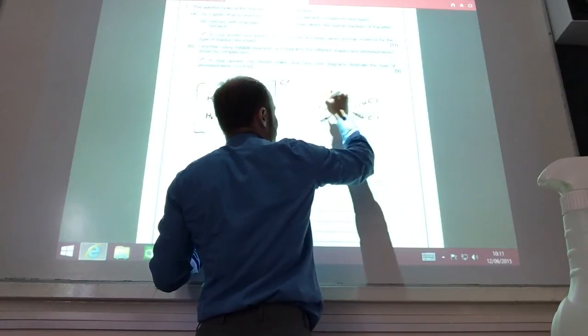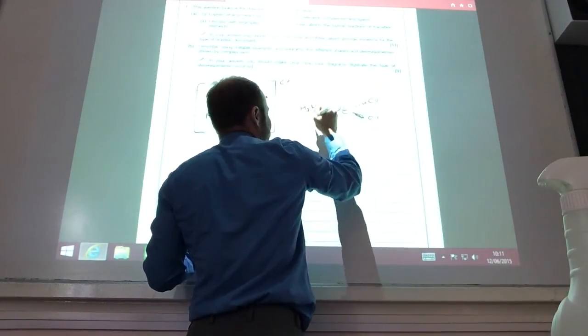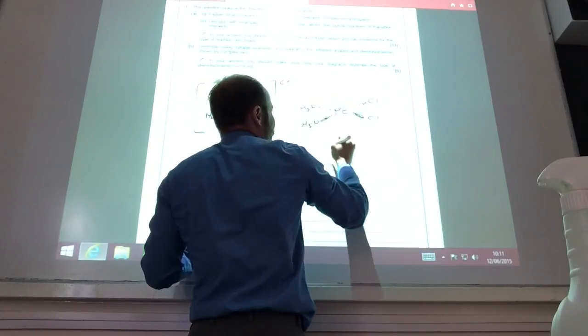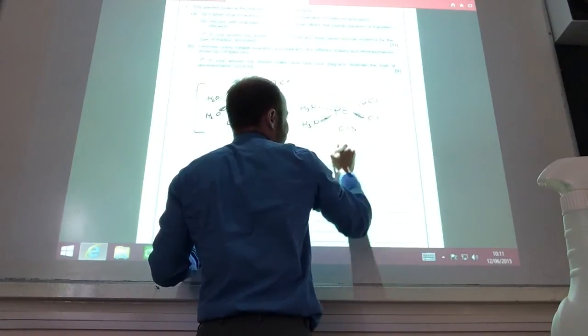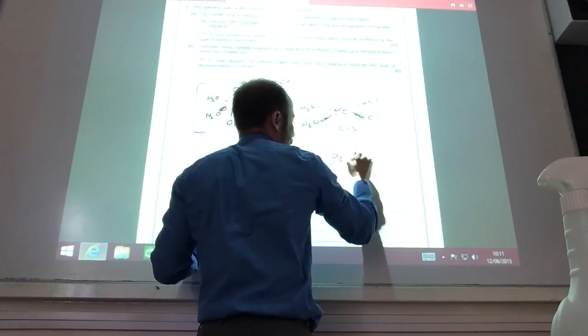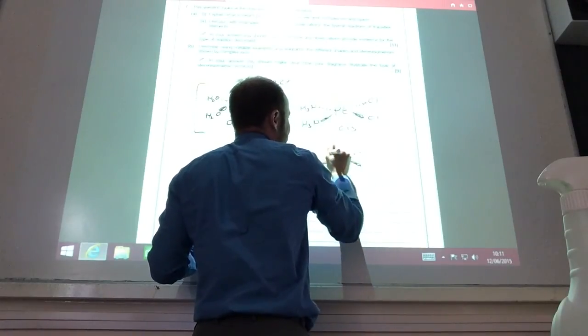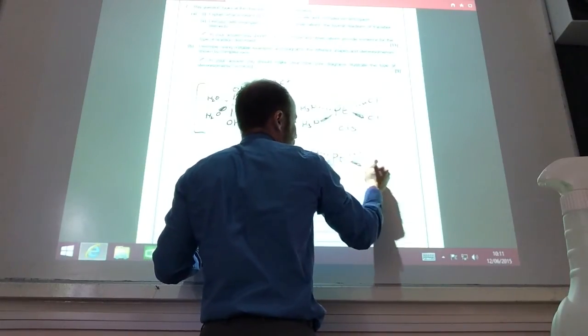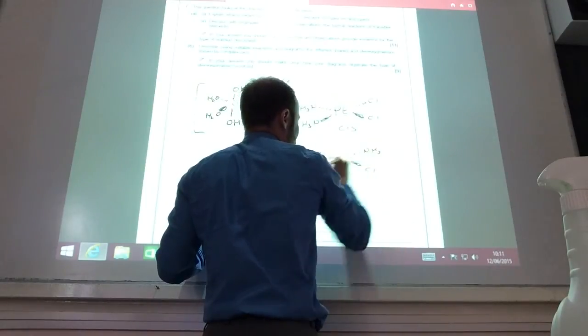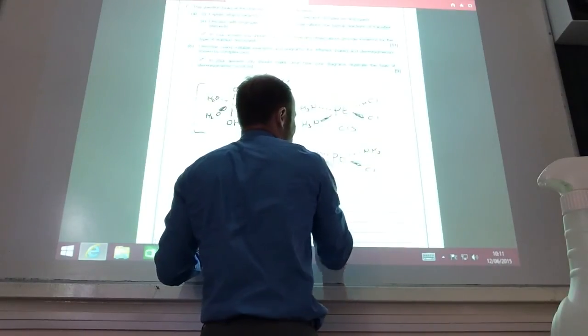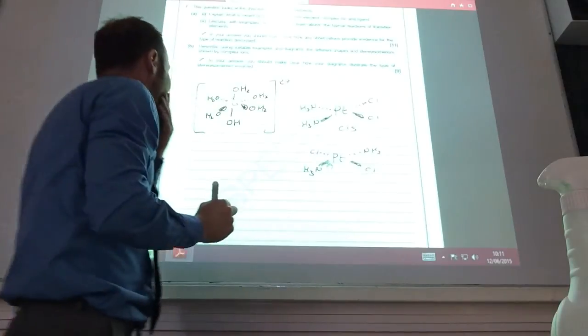So you've got Cl, Cl, NH3, NH3. That would be the cis, but you've also got trans, so you can use this example to demonstrate cis-trans isomerism as well in a square planar complex.